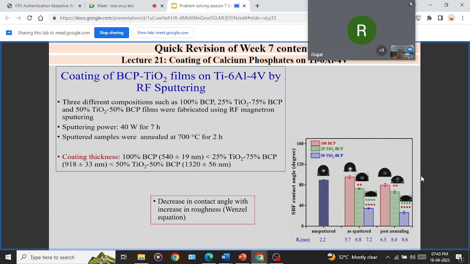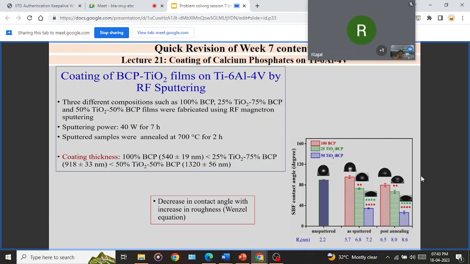The sputtering power is 40 watt for 7 hours, and the sputtered samples are annealed at 700 degrees Celsius for 2 hours. In this case, it was found that the coating thickness was the highest for 50% titanium oxide and 50% BCP, that is 1320 plus minus 56 nanometer.